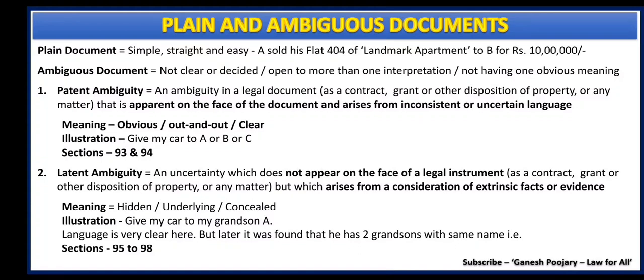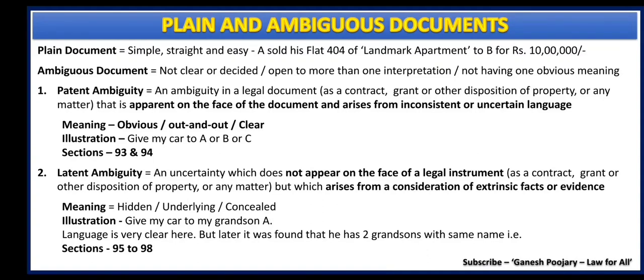Whereas under latent ambiguity, when you see the document, which may be a contract or a grant or disposition of some property or any other matter, on the face of that document you will not see any ambiguity. But when you really try to implement them, then you will face some difficulty because of some ambiguity in that particular document. Here, the ambiguity is hidden or underlying or concealed.